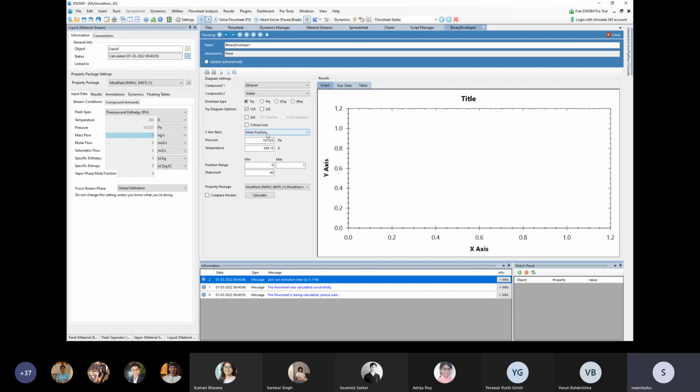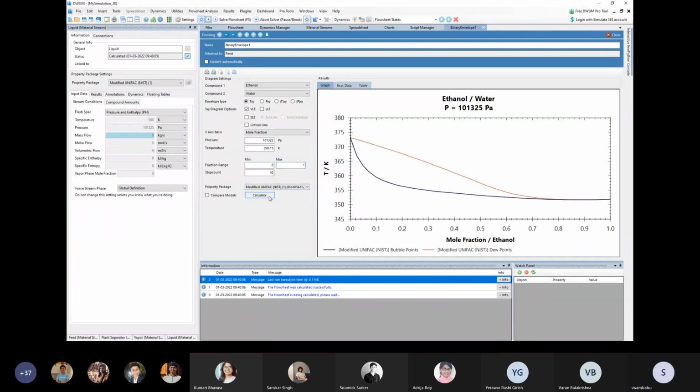The x-axis is mole fraction, the pressure is 1 atmosphere, the temperature varies as we have TXY data, and the fraction varies from 0 to 1. Here I have selected the property package. So I click calculate, and it generated the vapor liquid equilibrium data.